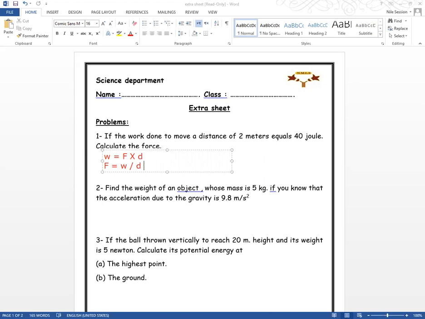So the force equals work done, 40, divided by 2. So the force equals 20 Newton, because the unit of the force is Newton.